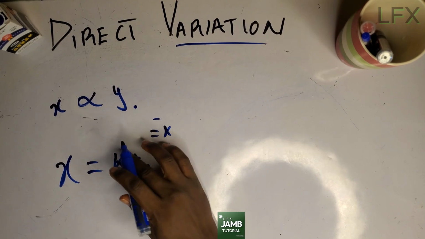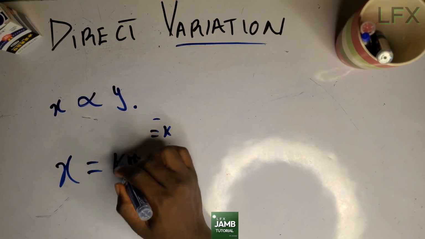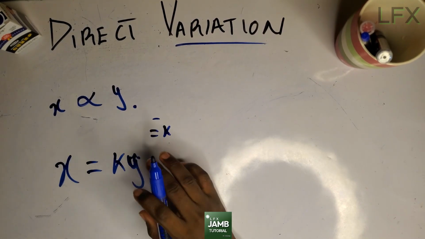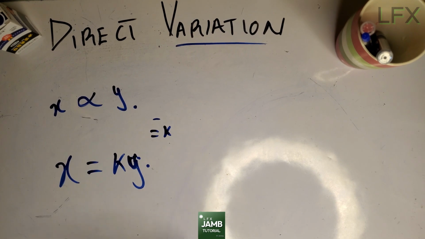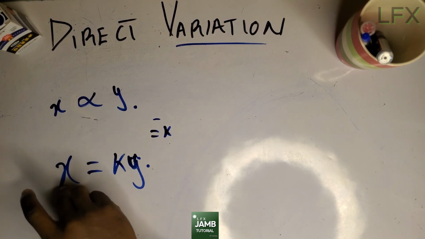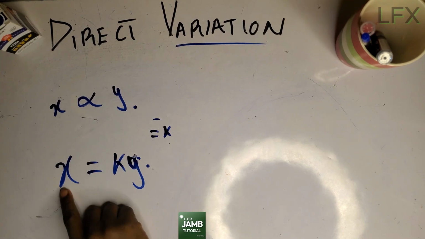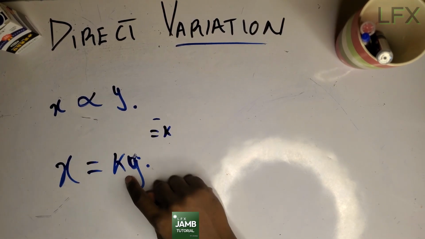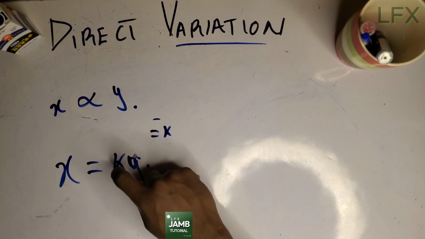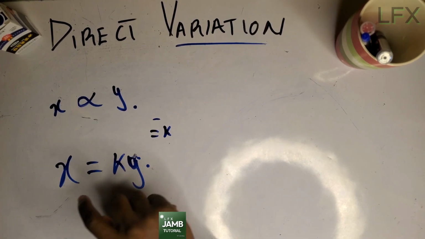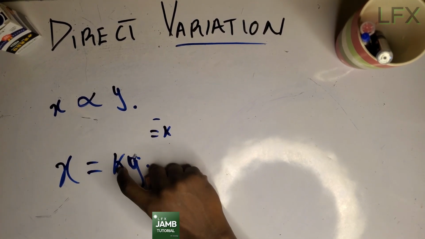With this, we can derive the constant of proportionality. That is the ratio at which x and y are connected. For every increase in x, y increases at this ratio, and for every decrease in x, y decreases at this ratio.